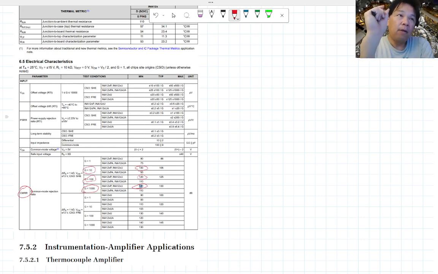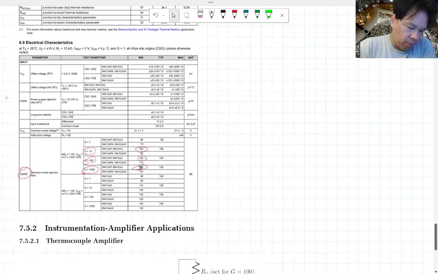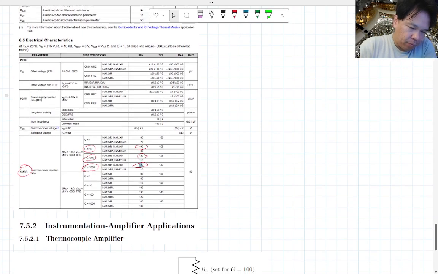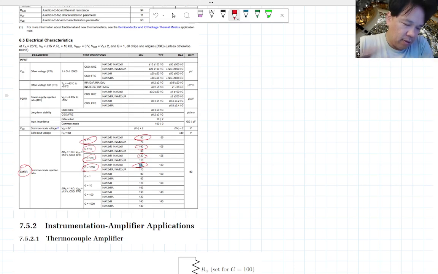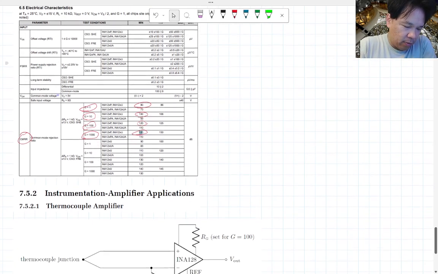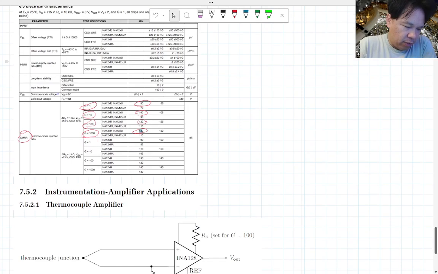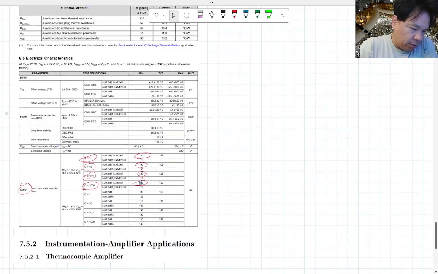One reason is that the common mode and the differential mode may not scale the same way, where the differential mode scales down a little bit quicker as you reduce the gain compared to the common mode. And if you go to a gain of 1, which is not amplifying at all, then you just get a common mode rejection ratio of 80, which is 10 to the 4.